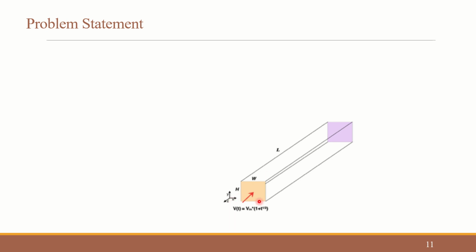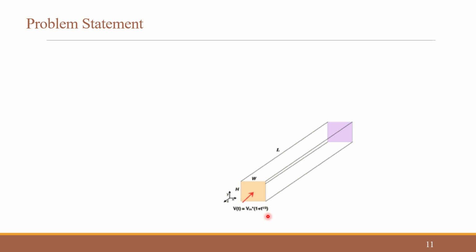Here we see that it is a flow through a rectangular duct, and fluid is flowing with inlet velocity V in, given by V in into 1 plus t to the power of 1 by 2.